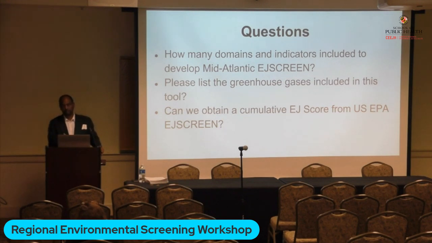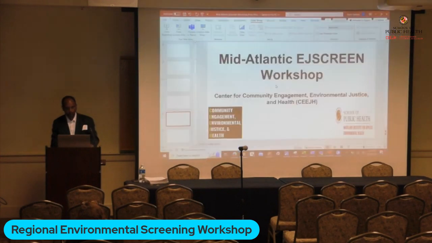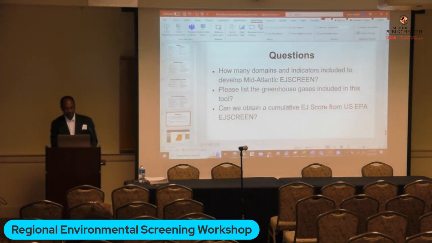In this Maryland EJ screen, we tried to combine, because Maryland and California also included this cumulative way of calculation. So we used that methodology and applied it to this regional level. So this Middle Atlantic region can also give you an overall score for your census tracts. So maybe I will go to the map and show you.